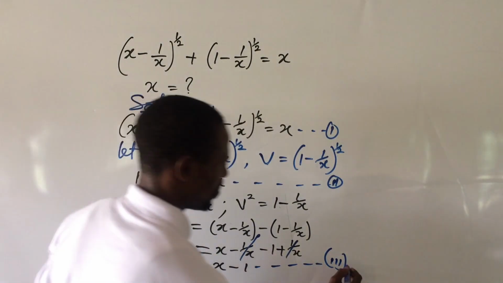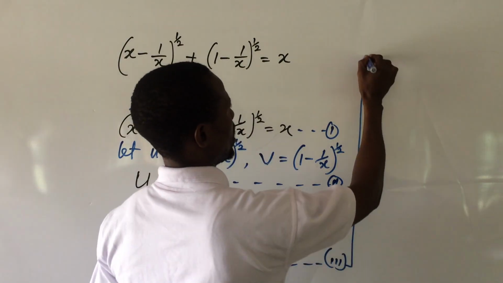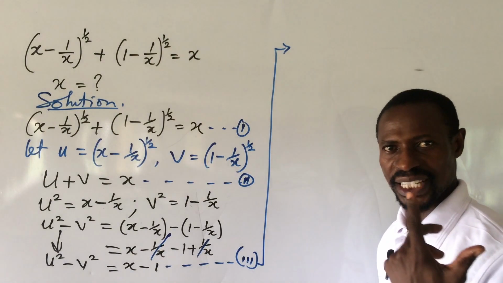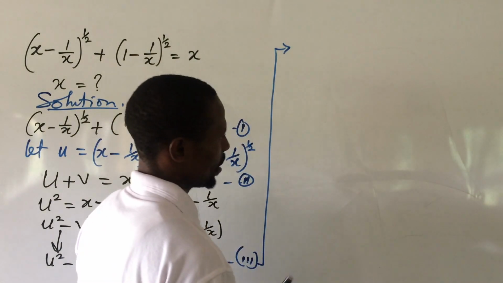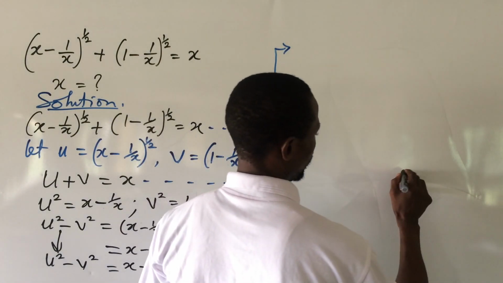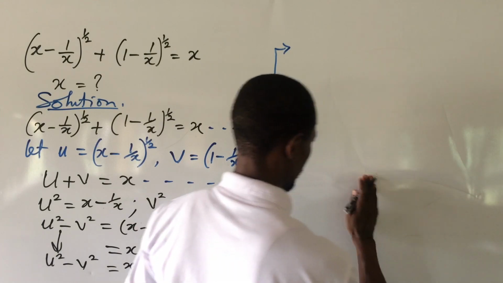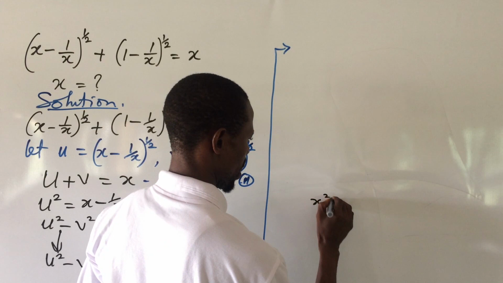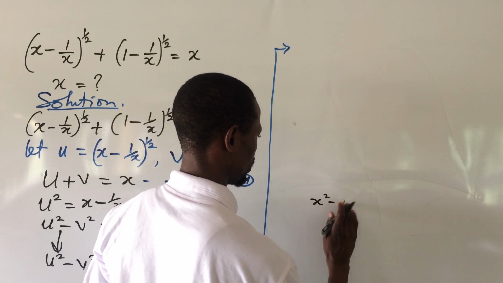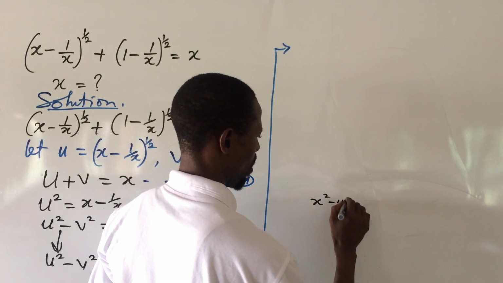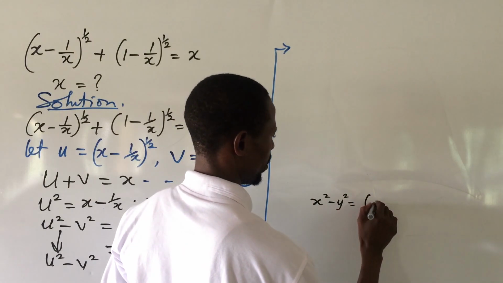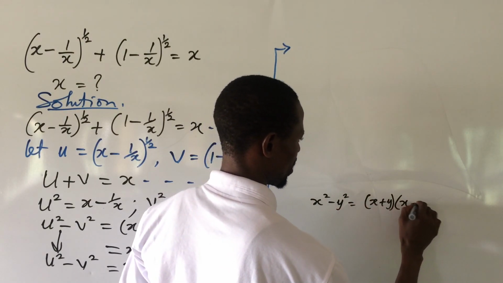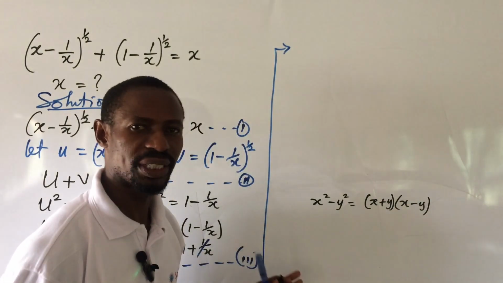Let's proceed. Recall the special identity, which says that x squared minus y squared is equal to (x plus y)(x minus y), what we call the difference of two squares.